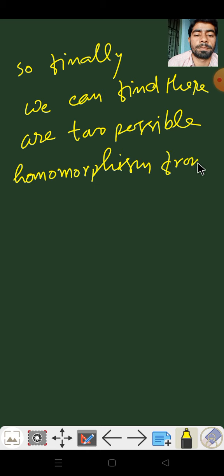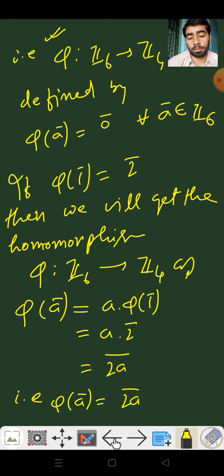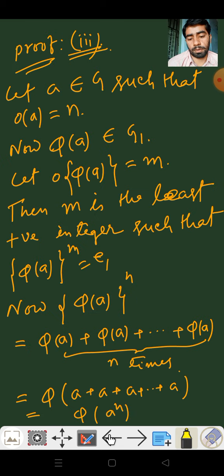One is the trivial homomorphism, and the other is phi of A equal to class of 2A. I think this is clear, and the points where doubts can arise I have already discussed here.